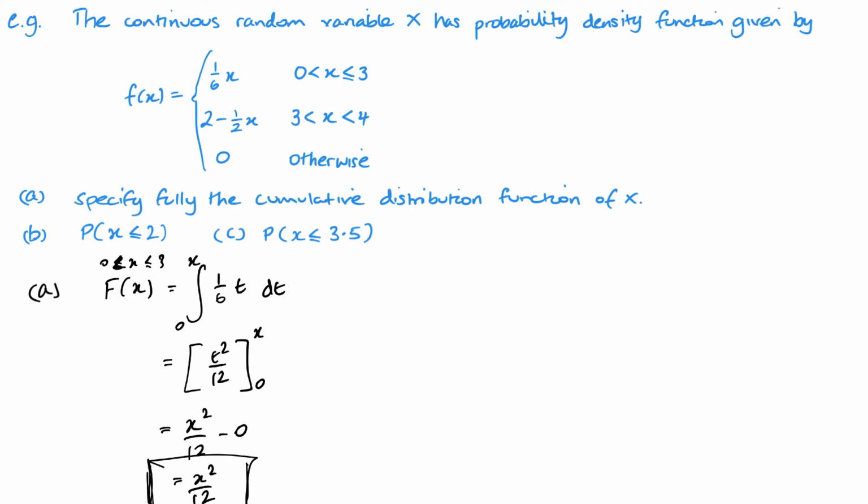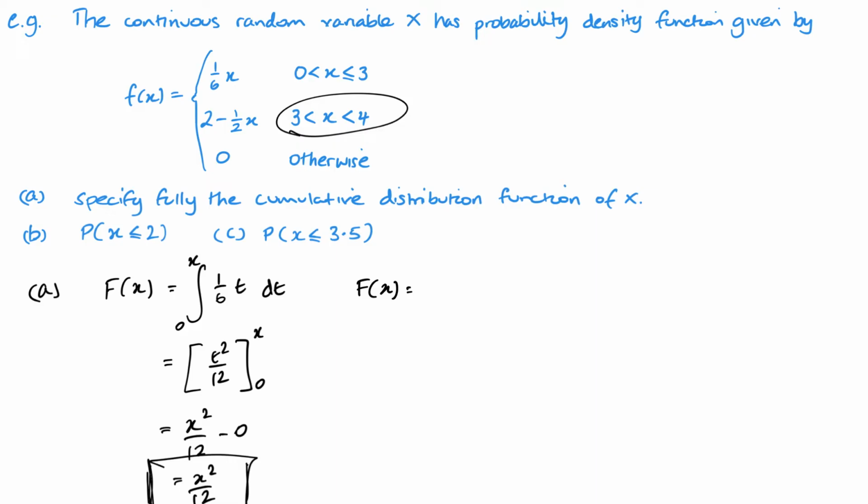Okay. Now what I need to do is look at the next limit. Now the next limit is between my 3 and 4. Yeah. Problem with that is that this is again where a lot of students will make the mistake, because I'm doing cumulative.